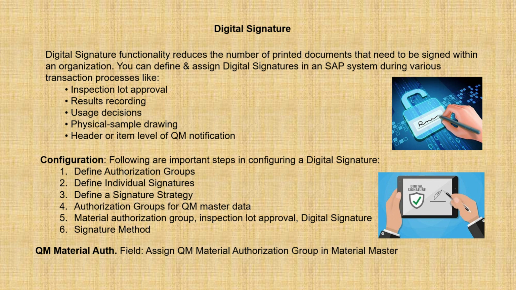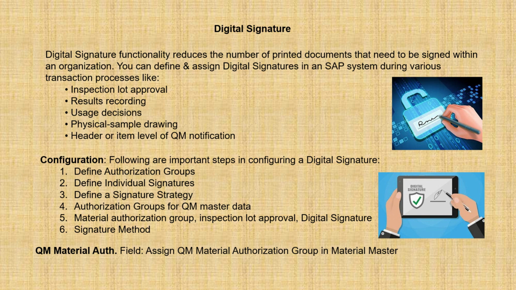Strategies can be such that they either use the SAP login details as a password, or they can use external devices like biometric readers, such as fingerprint scanners or card slides.